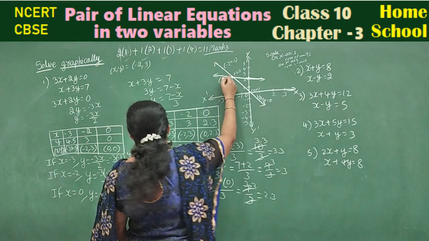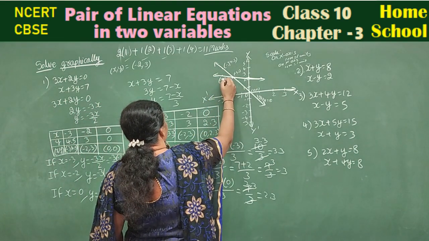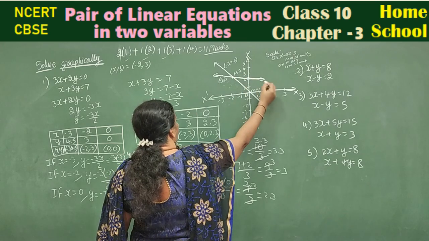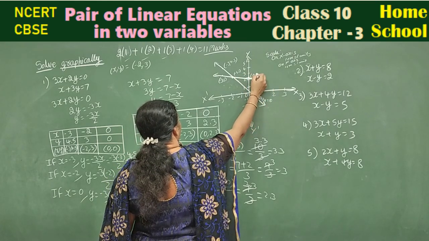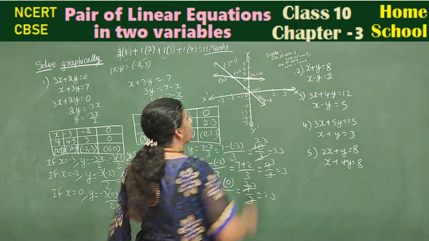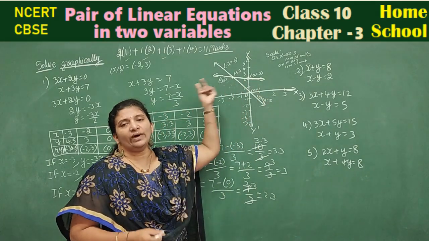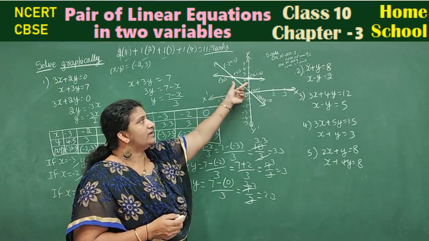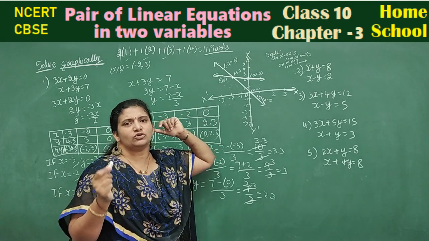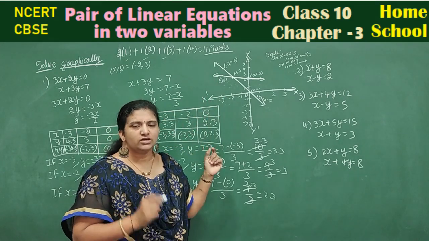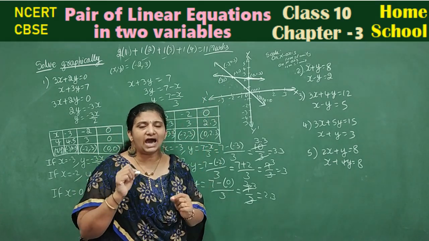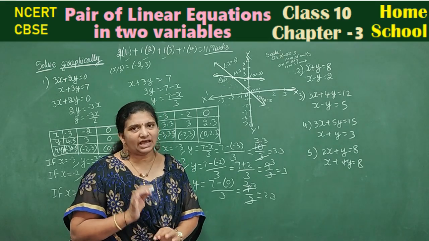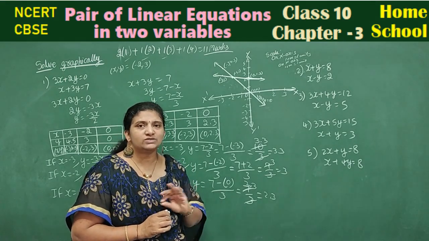Again write the coordinates for this: -3, 3.3 and 0, 2.3. Take a sharp pencil. Don't overwrite the pencil.